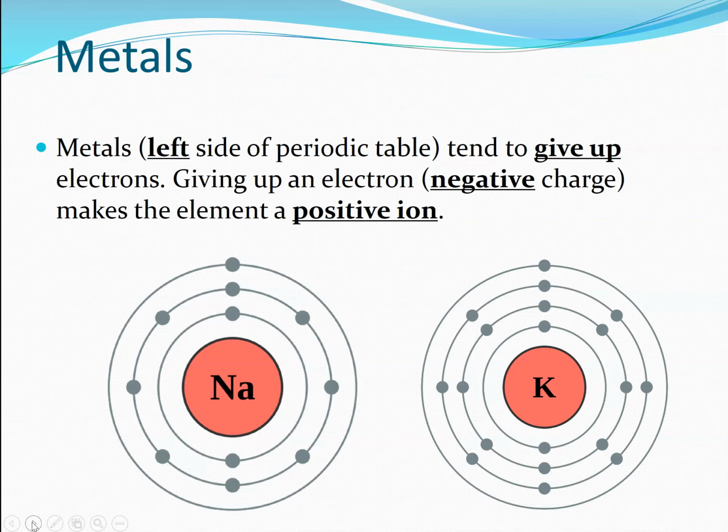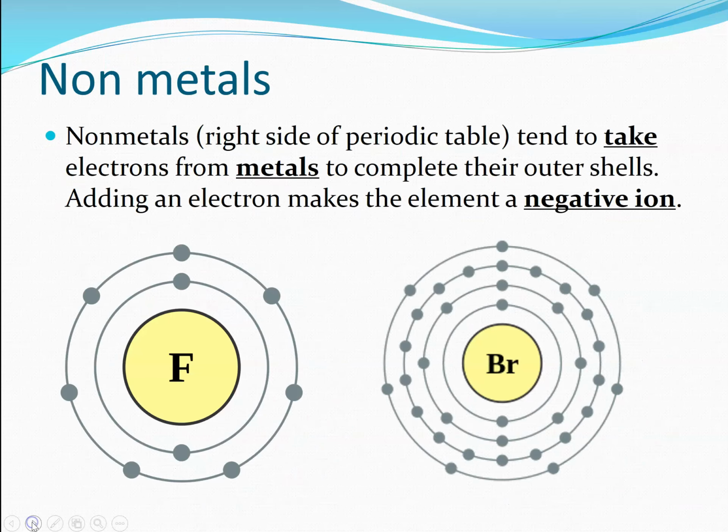That's why it has that positive sign. Now, nonmetals are on the right side of the periodic table, and they tend to take electrons from metals to complete their outer shells. Adding an electron makes the element a negative ion.